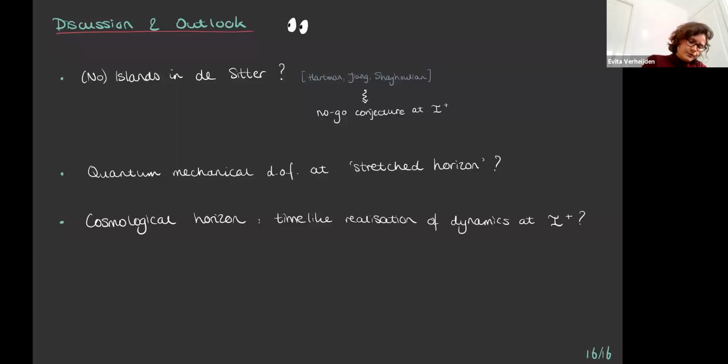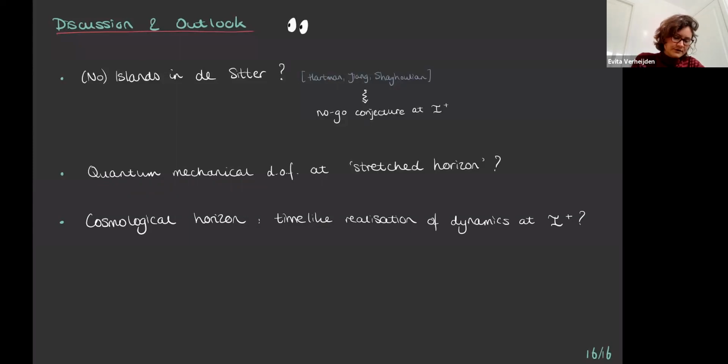One other point that I think is interesting to look at in the future is that we noticed there's this weakly coupled region at the cosmological horizon, which could be a natural point to locate the quantum mechanical degrees of freedom in this language of a stretch horizon. It would be interesting to make the connection to work by Lenny Susskind and others to define this static patch holography.